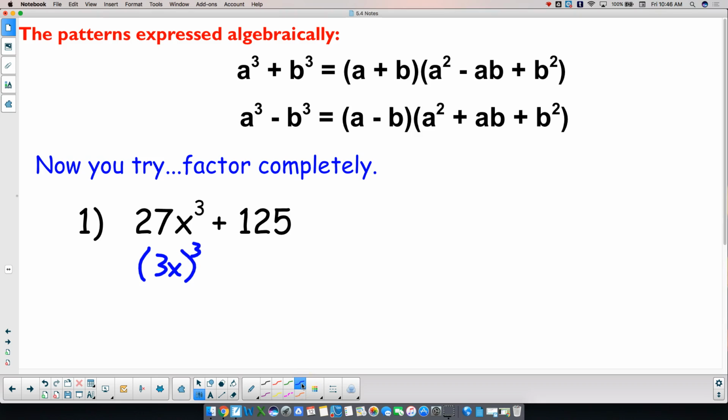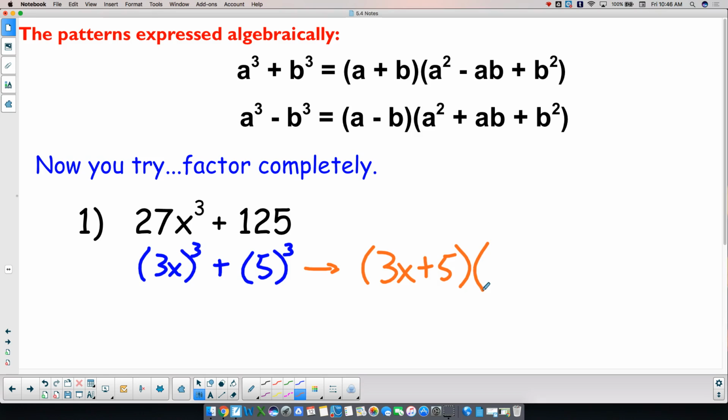Is 125 a cube? Cube of what? 5. So this would factor to be 3x plus 5.